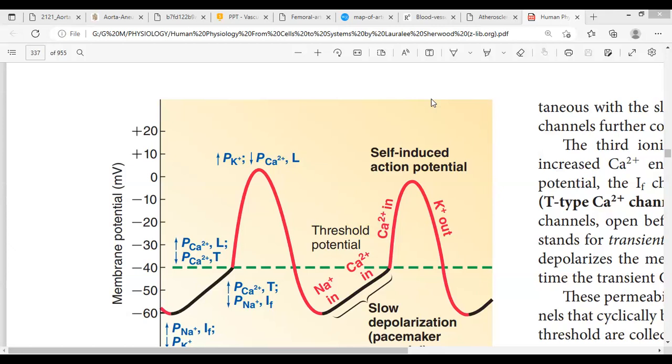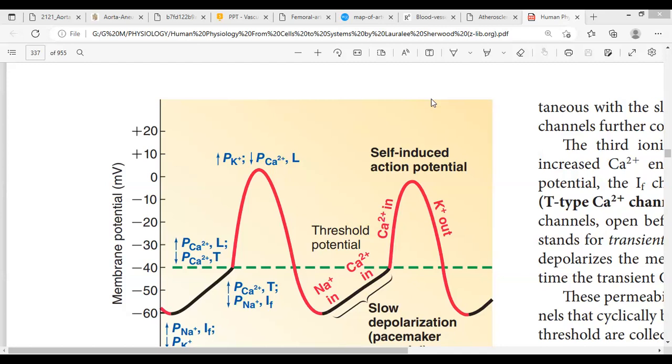Then at around -40 mV, the L-type calcium channels open, and it depolarizes more.